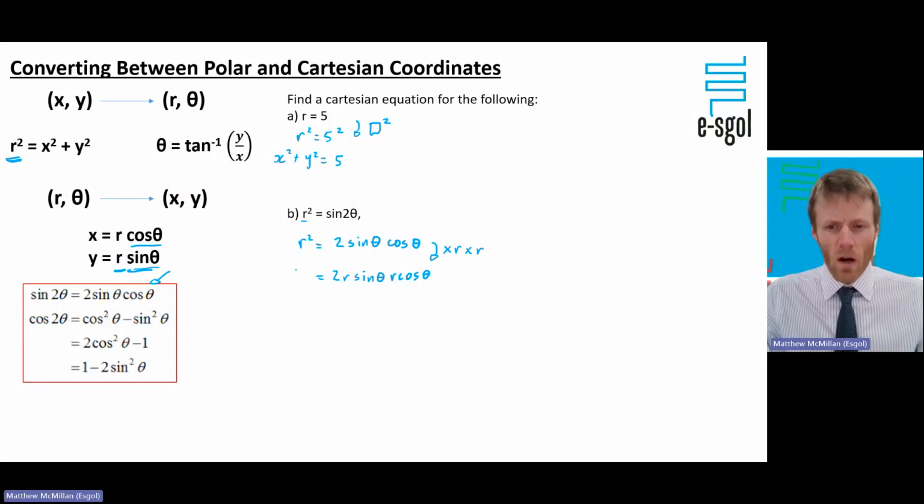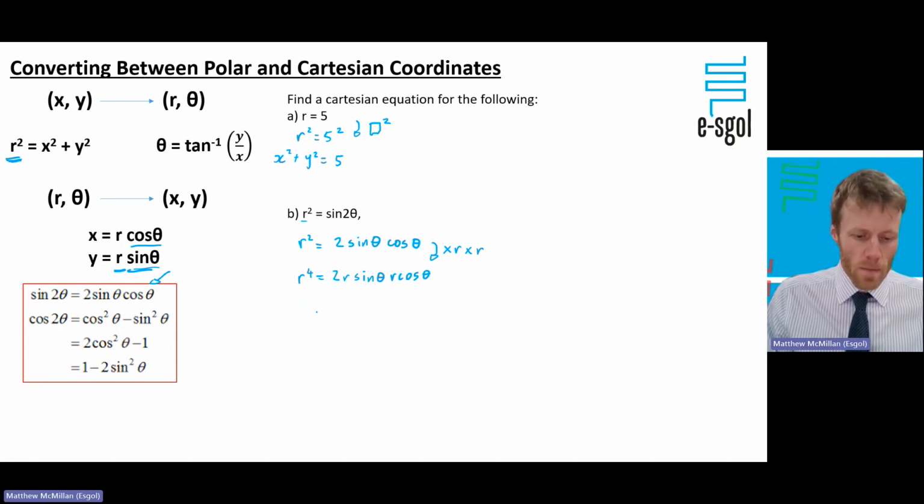If I'm timesing by r and by r again, I'm going to end up with r to the power of 4 here. Well, r to the power of 4 is r squared to the power of 2, isn't it? It's not going to look particularly nice, but it is a Cartesian equation that we've got.